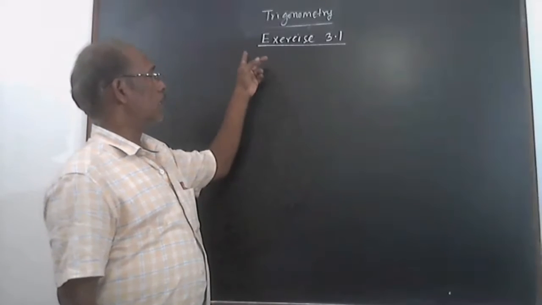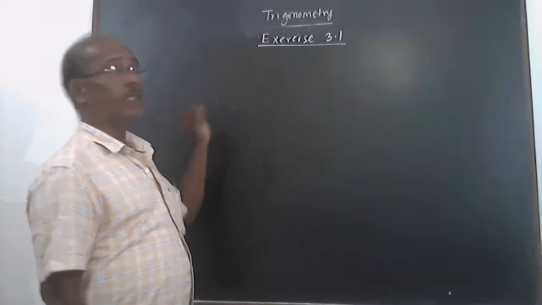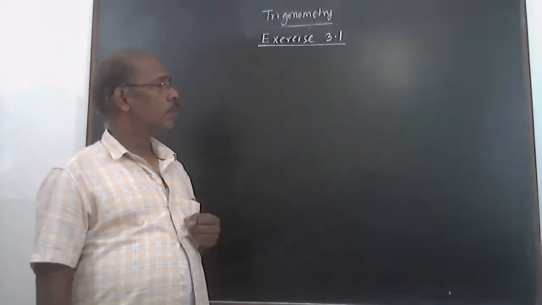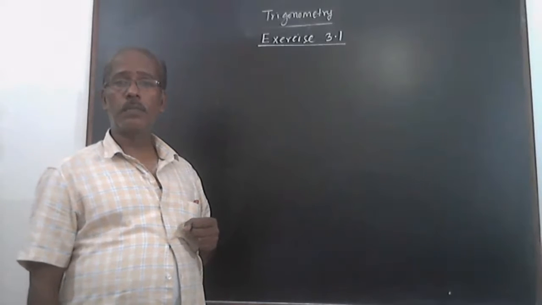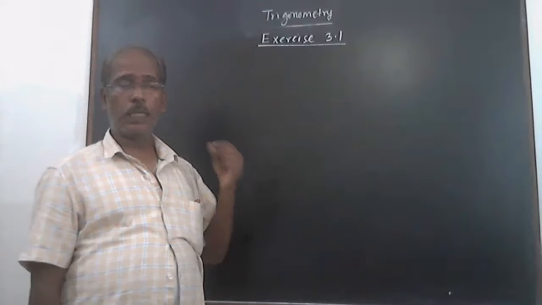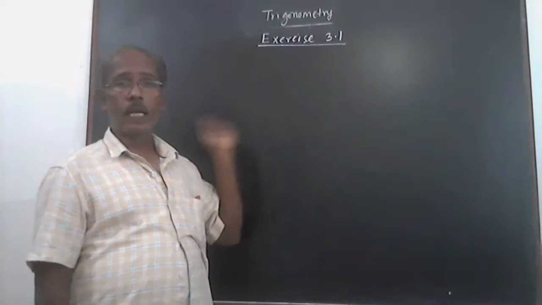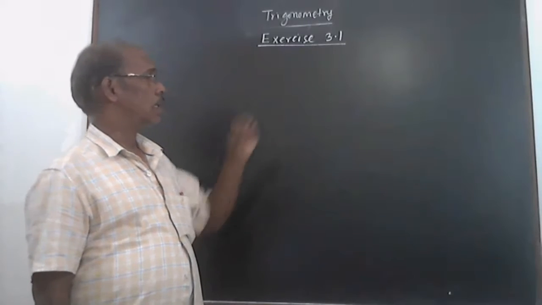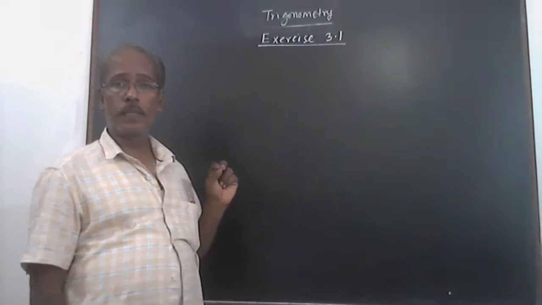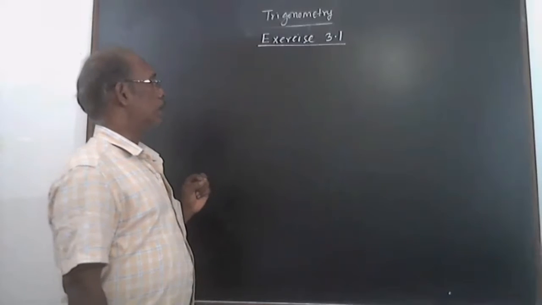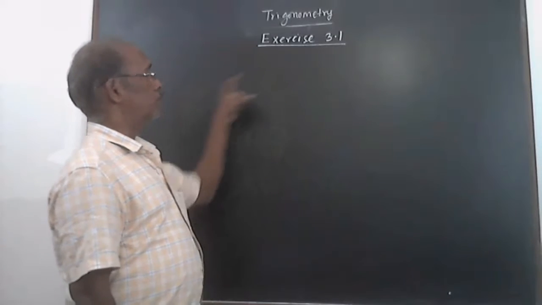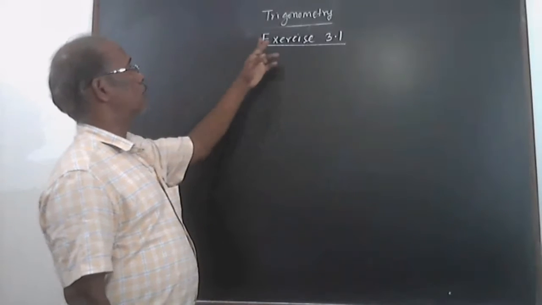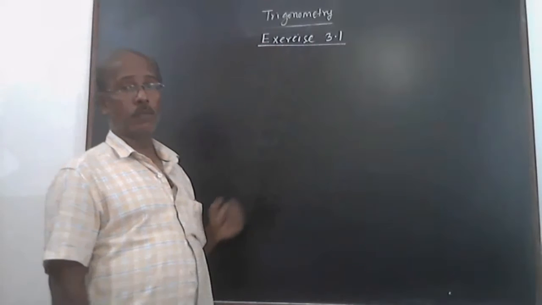In the first class, we discussed an example related to the conversion between radian and degree, and a problem related to sector, that is arc length, radius, and central angle, that is r into theta equal to L. Based on the sector formula and the conversion between radian measure and degree measure, we discussed a few examples. Now, as application of those, we have to discuss exercise 3.1.